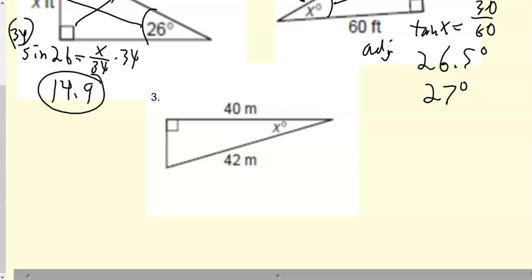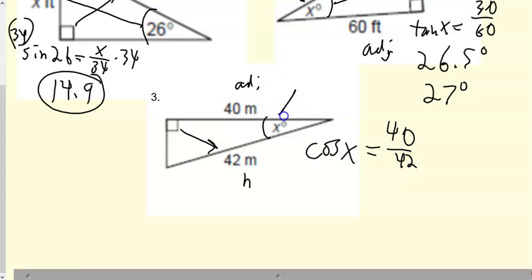All right. So here's my angle. We do have a hypotenuse. And we have the adjacent side. So that's A and H, that's cosine. So cosine of the unknown, x, equals adjacent over hypotenuse.